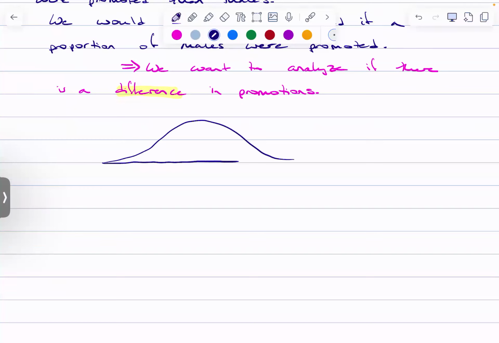No way. If we're talking about the difference in proportions, different from 0, we can have the proportion of females minus the proportion of males.